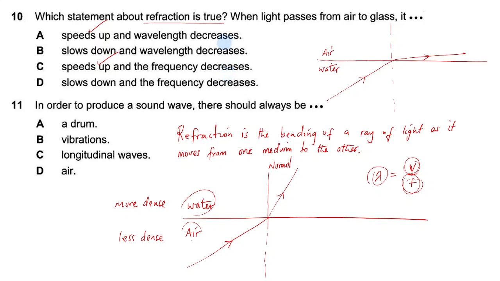So the correct answer is A, because the wavelength will decrease, but frequency stays constant. Frequency does not change, because this is still the property of the source.